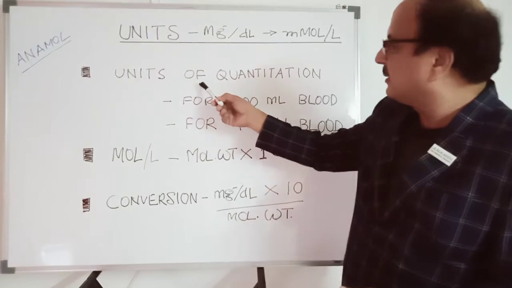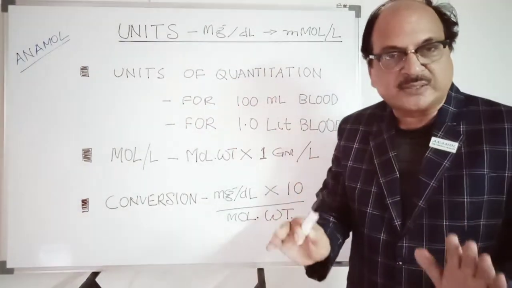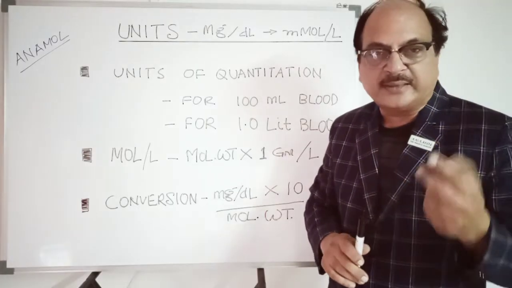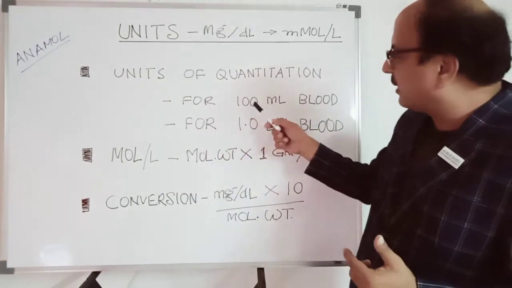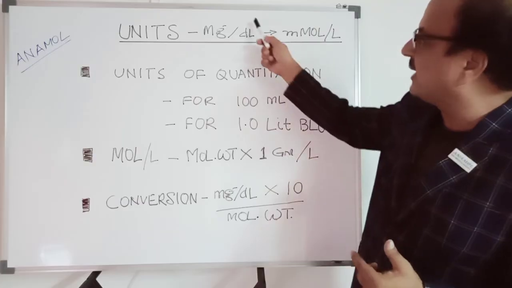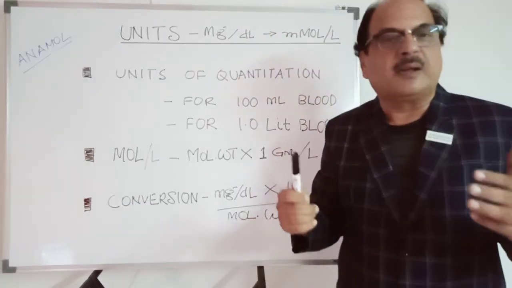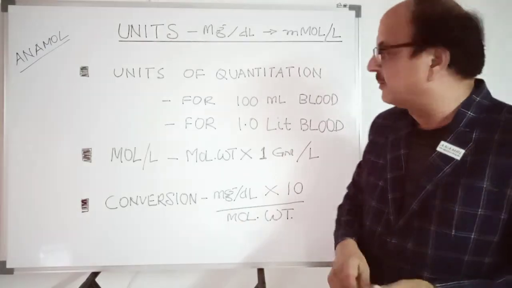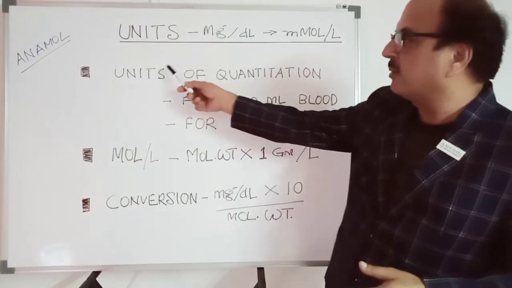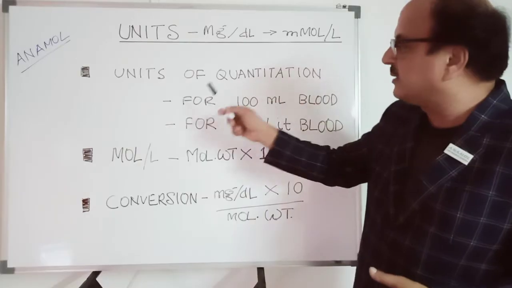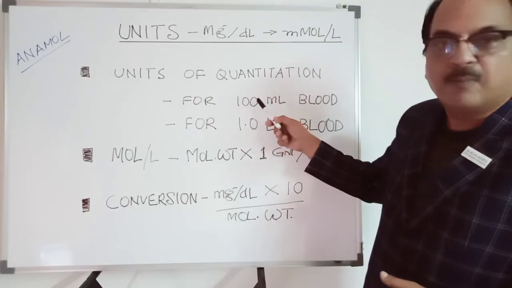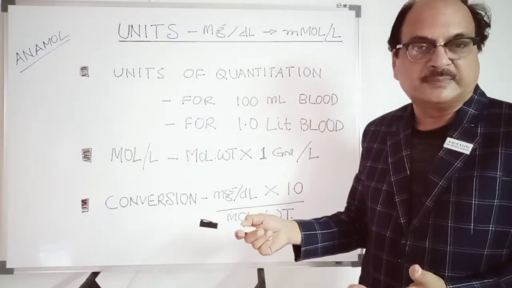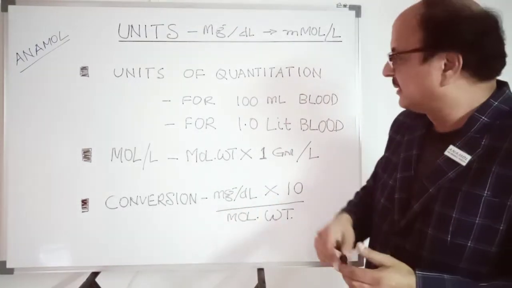Unit of measurement is nothing but quantitation of that analyte in blood. You can quantitate this in terms of per 100 ml or deciliter. Deciliter is nothing but 100 ml, 0.1 liter. So that analyte's unit of quantitation for 100 ml is milligram per deciliter or gram per deciliter, depending upon the analyte.